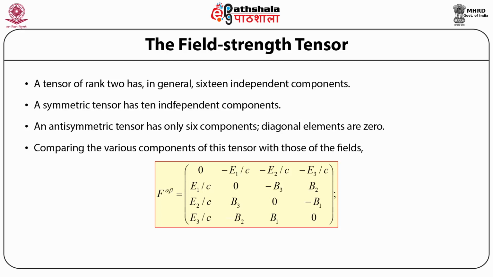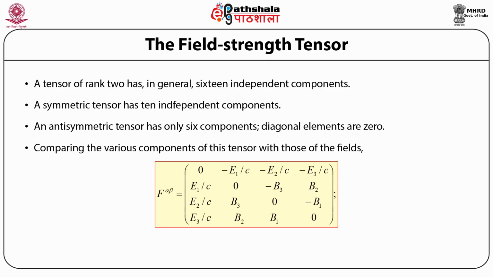And using this transformation, we finally have F subscript alpha beta equal to: the first row elements are 0, E subscript 1 by C, E subscript 2 by C, E subscript 3 by C. The second row elements are minus E subscript 1 by C, 0, minus B subscript 3, B subscript 2. The third row elements are minus E subscript 2 by C, B subscript 3, 0, minus B subscript 1.